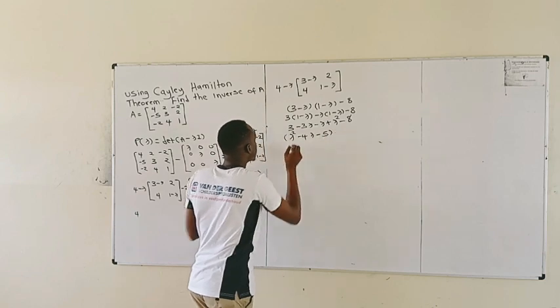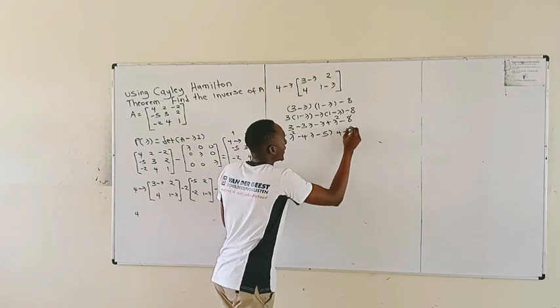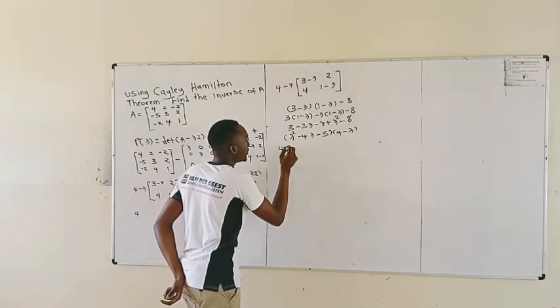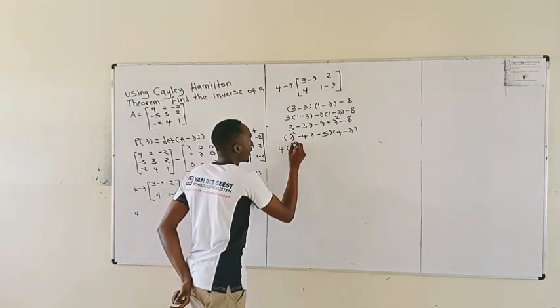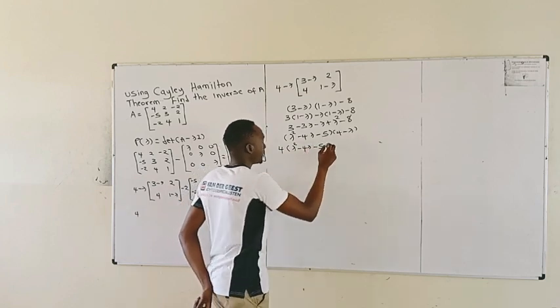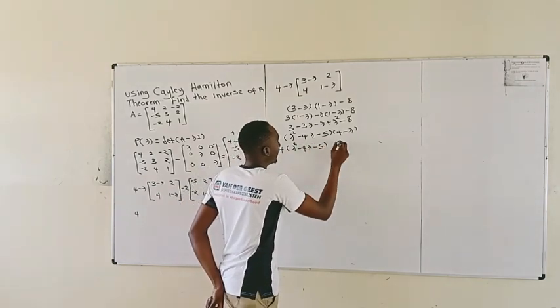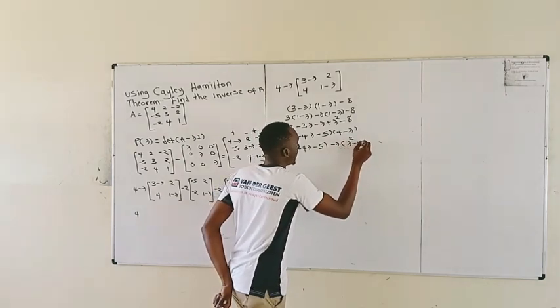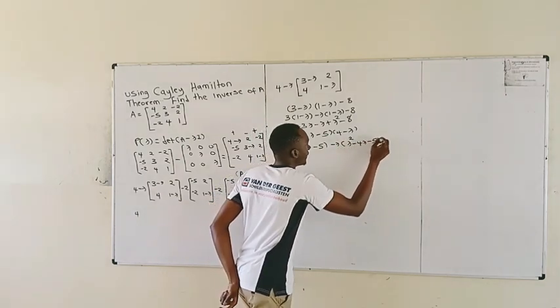Then we multiply this by 4 minus lambda, which is 4 into lambda squared minus 4 lambda minus 5. Then we have minus 1 lambda into lambda squared minus 4 lambda minus 5.